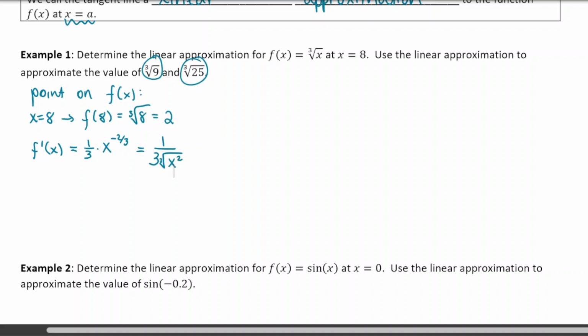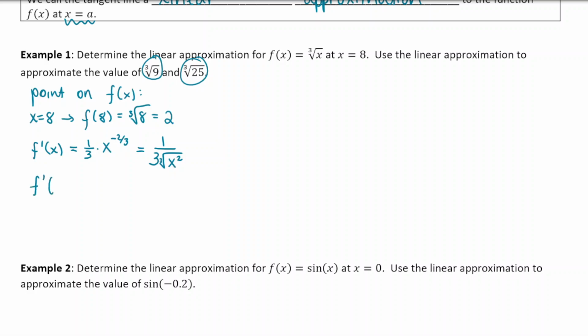It's another way to write it; they're both the same. Let's evaluate that at our point. This is going to be 1 over 3 times the cube root of 8 squared, which is 1/12. The cube root of 8 squared is 4, and multiplied with 3, that gives us 12. So this is our slope.